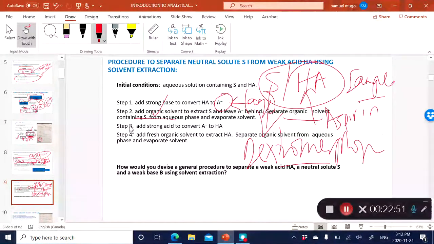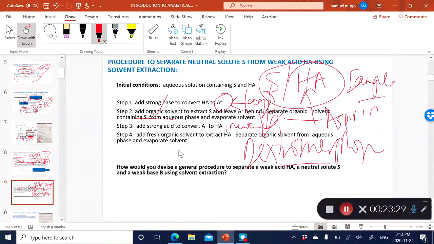And then number 3, I would add a strong acid so that I convert these A minus back to the HA through protonation. So it becomes neutral. When it becomes neutral, now it's easier to extract it into an organic solvent because it's not charged. Any charged species, again, prefers to be in an aqueous environment. And so after this now, I'm going to add a fresh organic solvent, which now extracts HA to the organic phase.